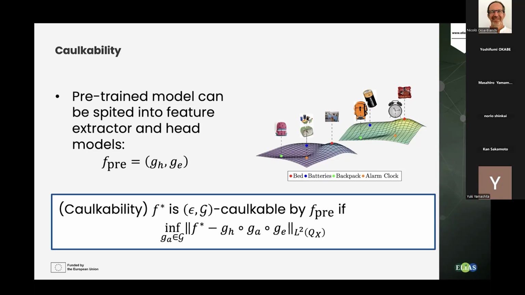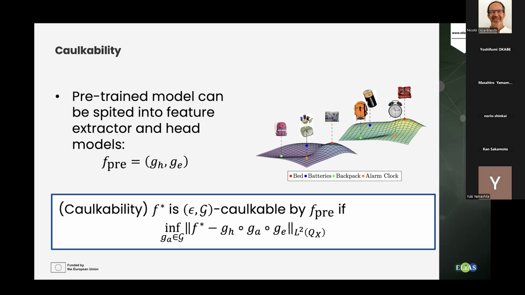What the adapter does is this: this manifold corresponds to the source pre-trained distribution, and this manifold corresponds to the downstream distribution.